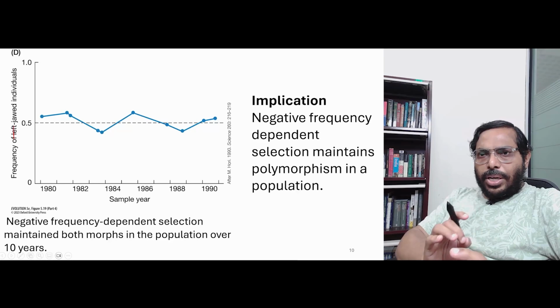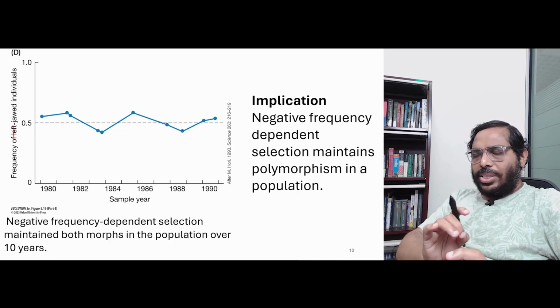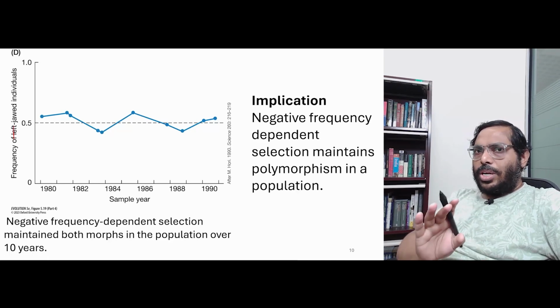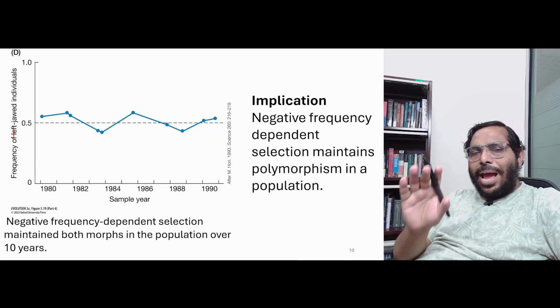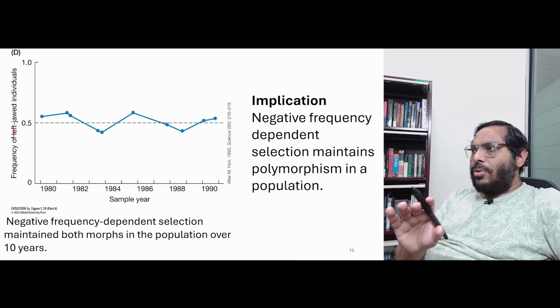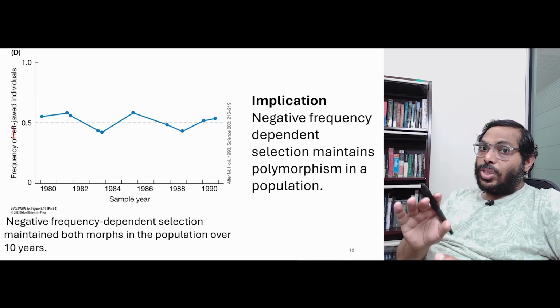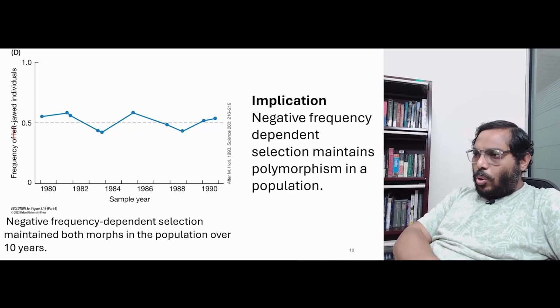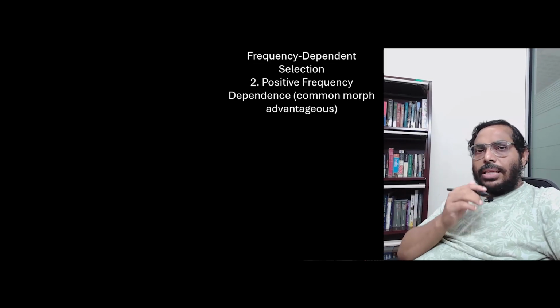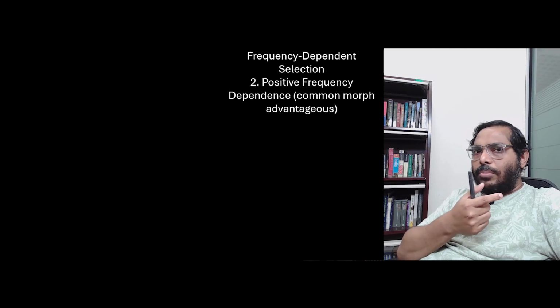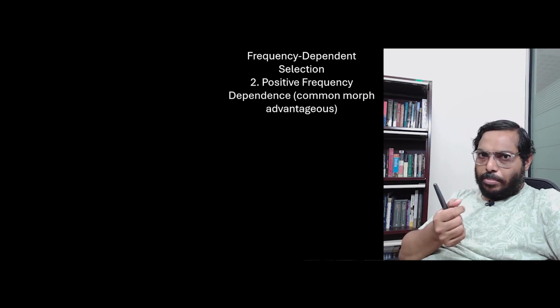Now, this particular kind of selection, negative frequency dependent selection, is something that you need to keep in mind, because about 3-4 weeks down the line we will come back to this concept when we are discussing the evolution of sex. Okay. So, as I said, you have negative frequency dependent selection and you have positive frequency dependent selection.